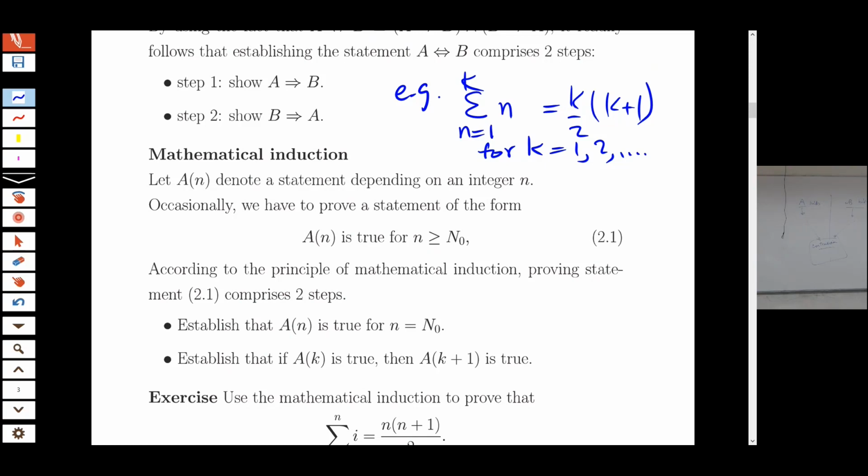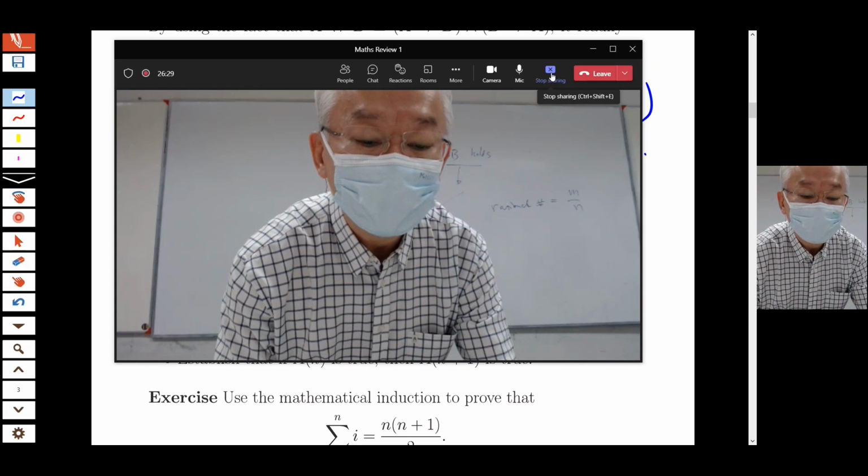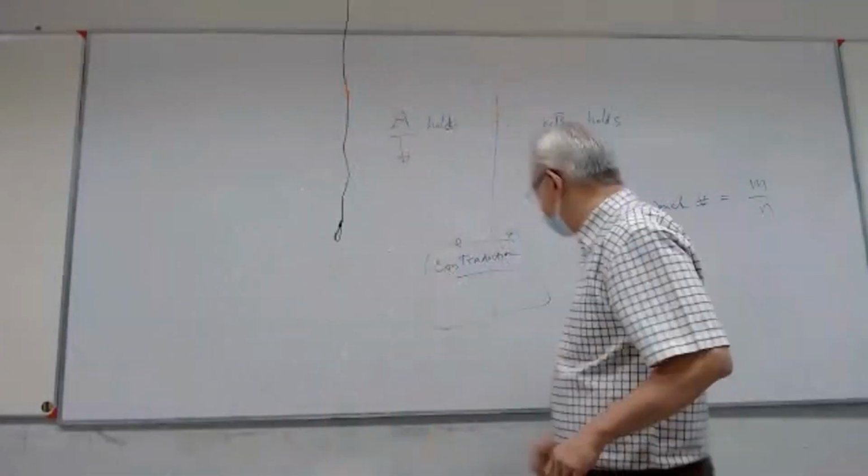The second step is to establish that if A(k) is true, then A(k+1) is true. So in the second step, you need to prove a conditional statement. We assume A(k) is true, and then we must show that A(k+1) is true.